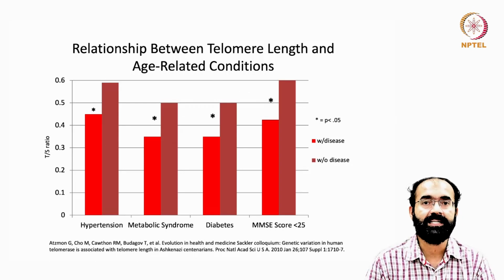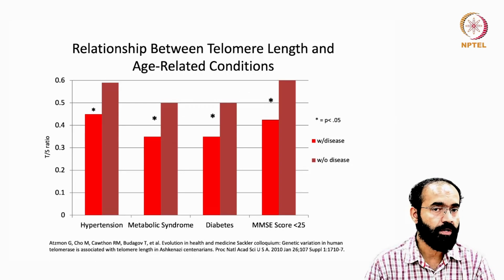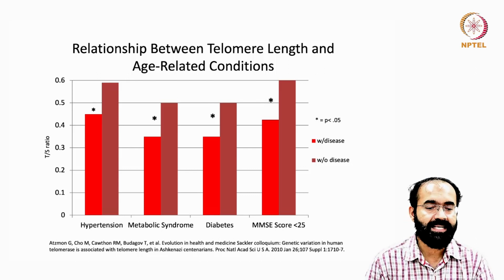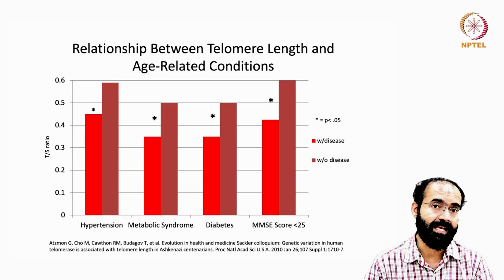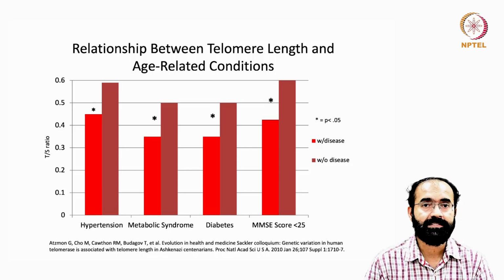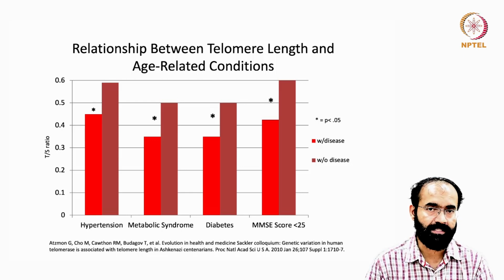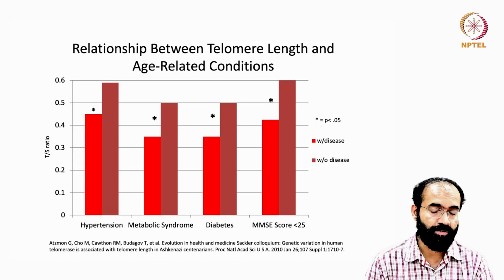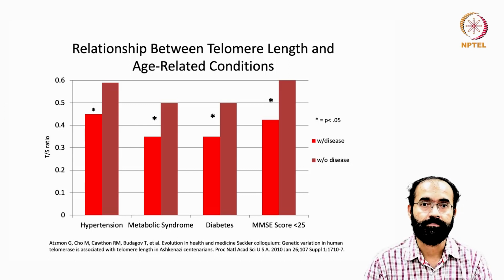TS ratio is basically the length of the telomere to the rest of the chromosome length. So if the TS ratio is high, that indicates that telomere length is short, because it is telomere length divided by somatic, the rest of the chromosome length. So you are making it like a proportion. If the telomere length is short, naturally this value will go different.